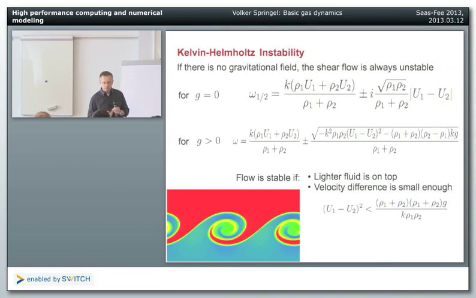If it's small enough, this condition is true, then this will have only real solutions, and then you're stable. That means with a gravitational acceleration, you can stabilize against the Kelvin-Helmholtz instability. A similar phenomenon you have, for example, in a shearing gas disk. It's based on centrifugal acceleration, and there also you have modifications of this dispersion relation that will give you stability in certain cases, and suppress it to some extent, even though there is differential shear.